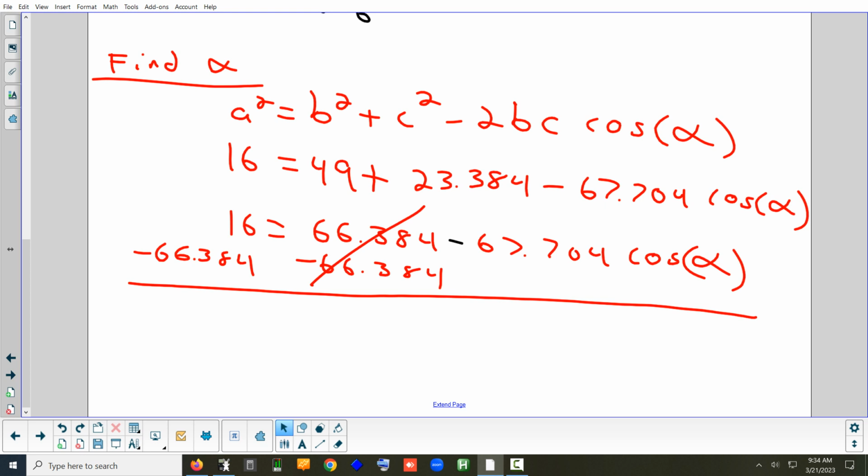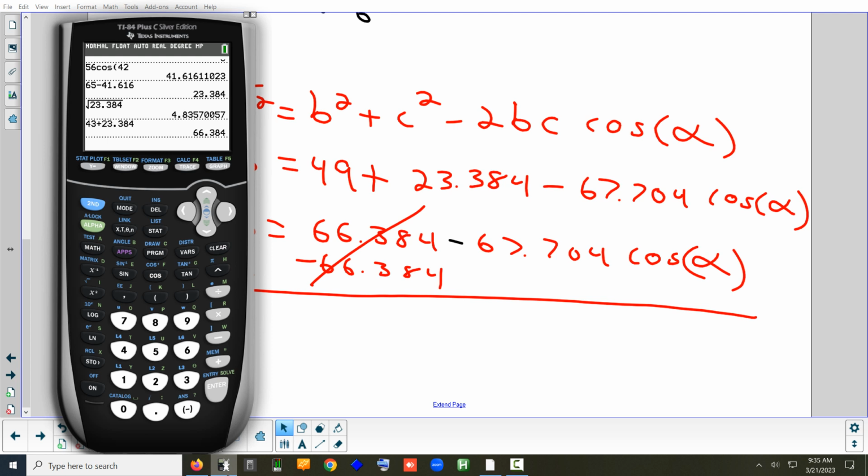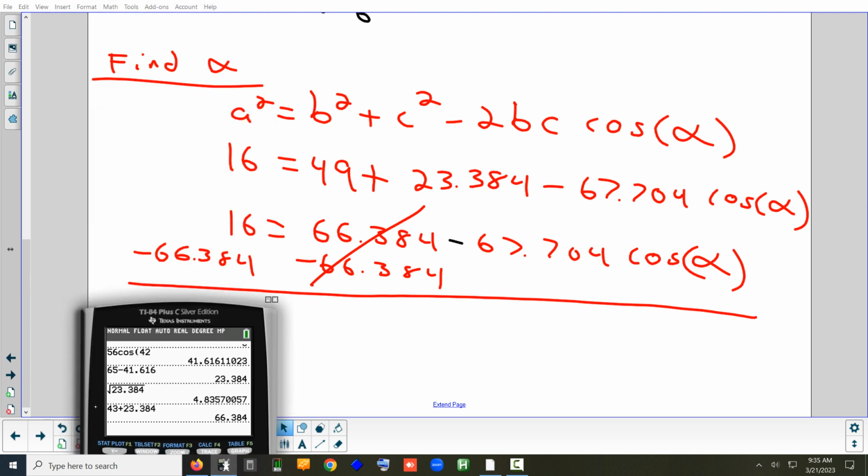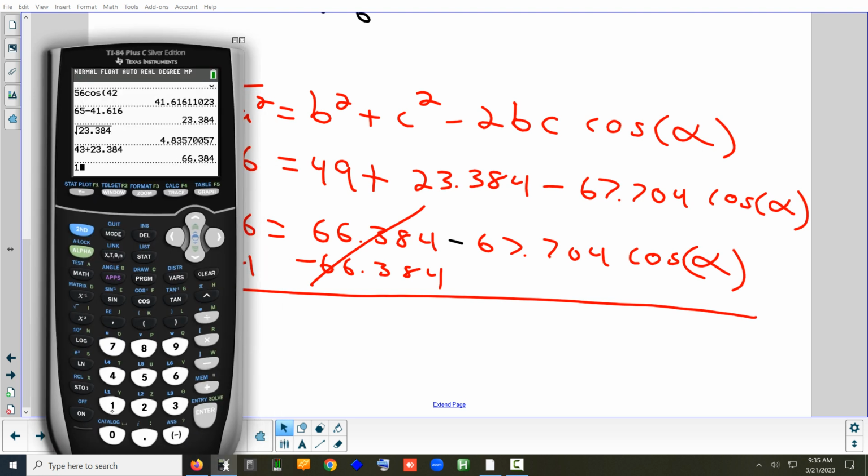And it's okay to do 16 minus 66.384, because it's not an operation that's going to give me even more decimals and I have to round it. When I do this, I'm going to get 3 decimals, and I'm not going to round the answer. I'm just going to write down exactly what it tells me. So 16 minus 66.384. Okay, so there's my 3 decimals. Negative 50.384.